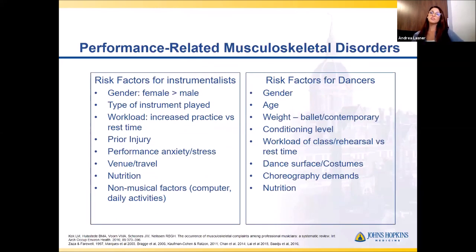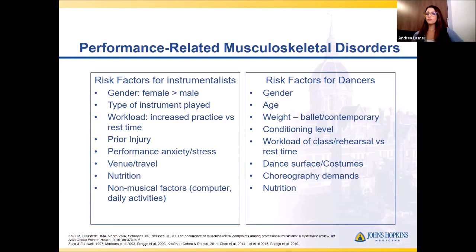Performance-related musculoskeletal disorders: outlining some intrinsic, but also the common extrinsic factors here. You can see the differences, but there are also some similarities between instrumentalist musicians and dancers. It does depend on gender. In dancers, females commonly report injury a little bit more often, and that's seen in the general patient population as well.